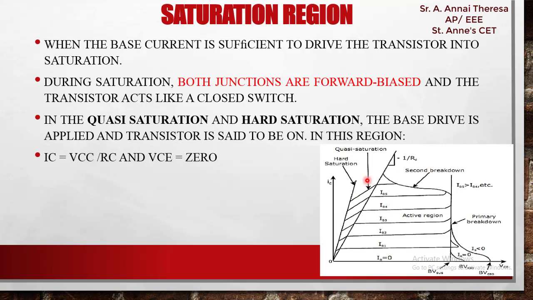So the power loss is very less. The device acts as a closed switch in this region, but it needs more time to turn off. So this region is suitable only for low frequency applications. In this region, the collector current IC is equal to VCC by RC, where VCE is equal to 0.